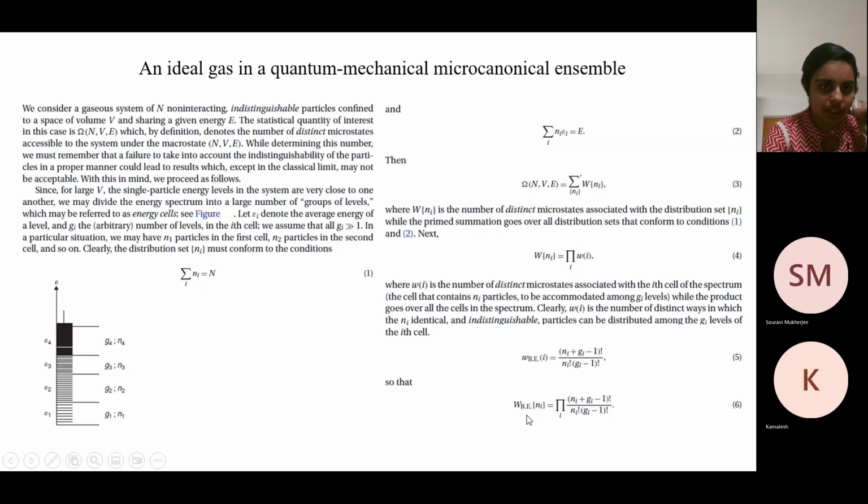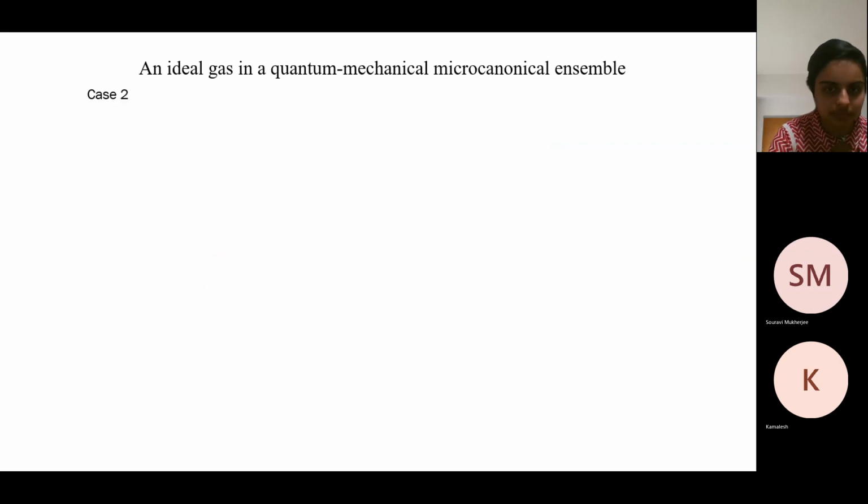This is what happens when you have indistinguishable particles, where there is no restriction on how many particles can be in these single particle states. So that gives you the W for bosons, because in bosons you don't have a restriction over how many particles are there in a single particle state. This is case one.